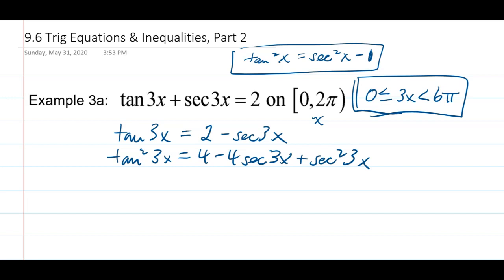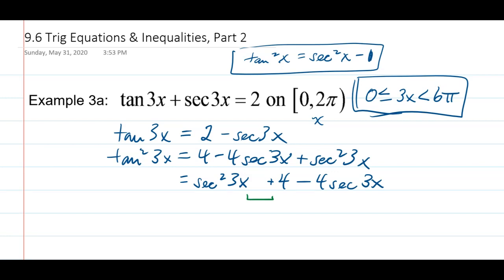At this point, we're going to rearrange so it looks a little more familiar. Secant squared 3x, like that. And we've got this 4, and we've got this minus 4 secant of 3x. And you may have noticed that I've done something unusual here. I left a little space right here.